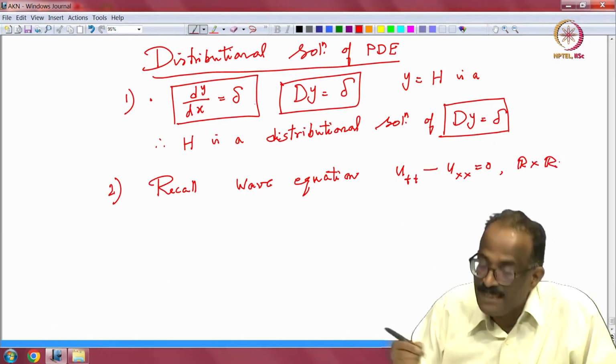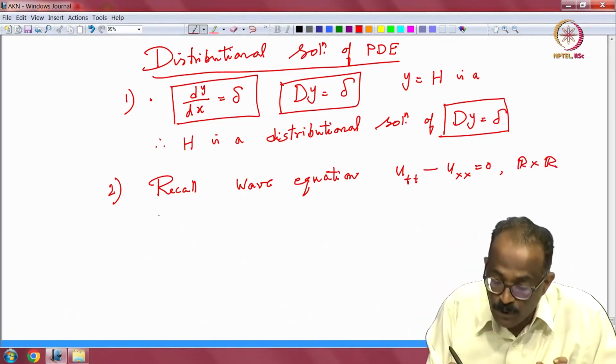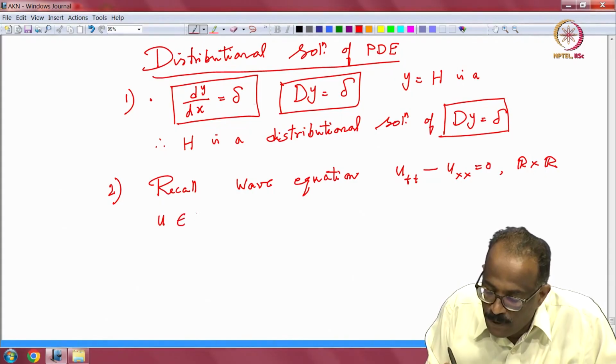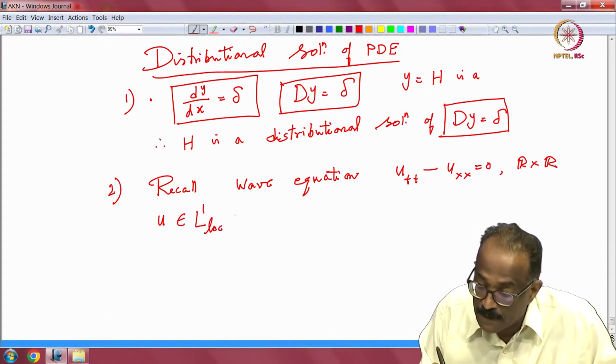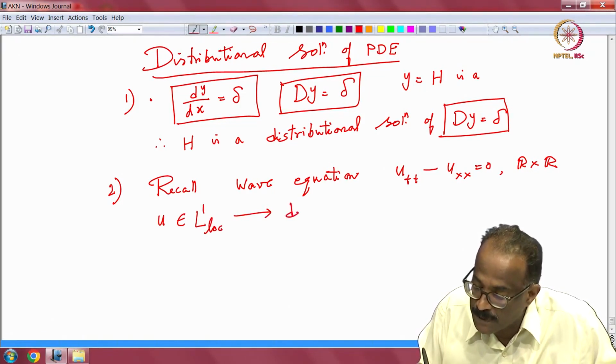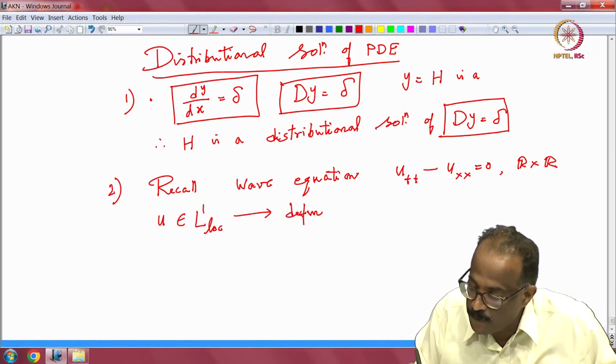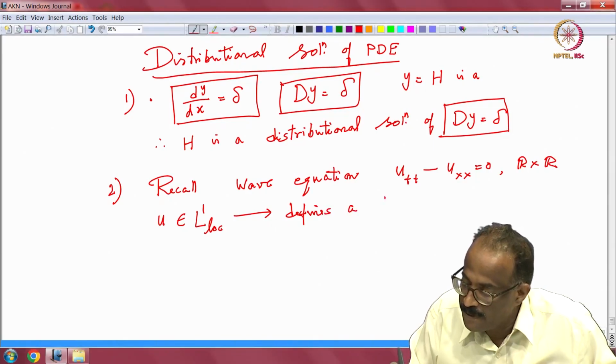So, suppose u is a locally integrable function. Suppose u is only locally integrable. Then it defines a distribution, right?